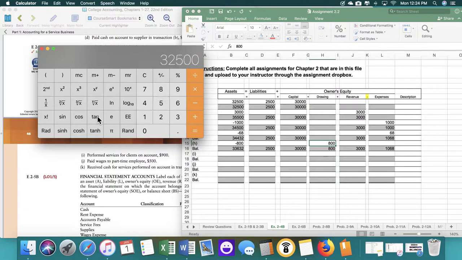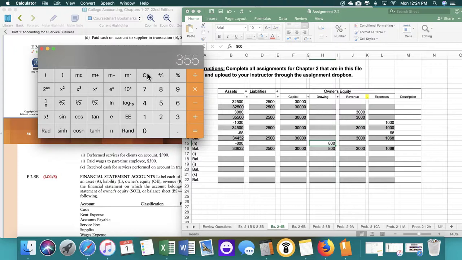The 32,500 minus 2,500 minus 30,000 gives us 0, so that line's fine. 32,500 plus 3,000 gives us 35,500 minus 2,500 minus 30,000 minus 3,000. So that one balances.